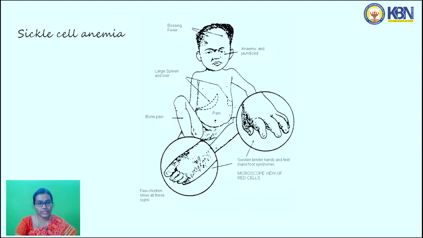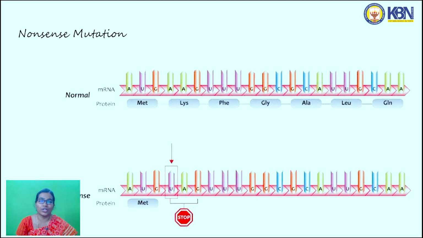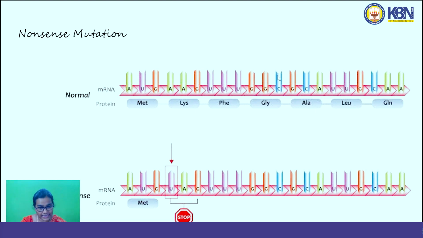Let us go for the second type, nonsense mutation. Sometimes that one particular change in amino acid will cause such damage, like in this case. Look at the first frame, we have mRNA and also protein. In mRNA we have nucleotides.